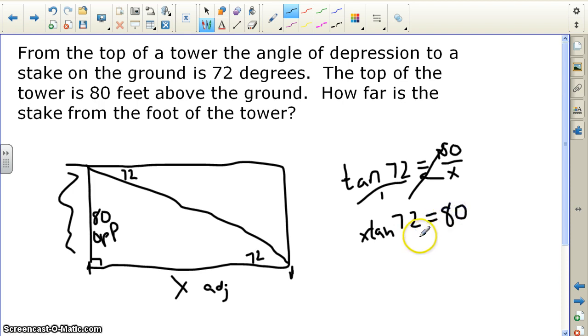I want to solve for x, so I'm going to divide both sides by tangent of 72. And finally, those tangents cancel each other out.